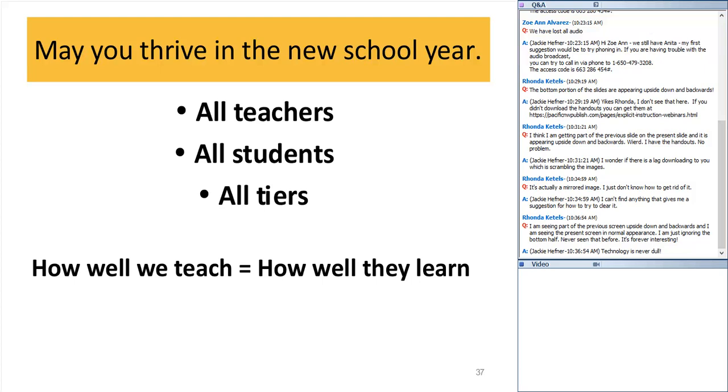Because corrective feedback is used when they make an error to fill in the gap from their current performance to desired performance. So we can't just say, well, that's wrong. That doesn't fill in the gap. So we have to say, that word is, and tell them the word, or let's look at these steps together.